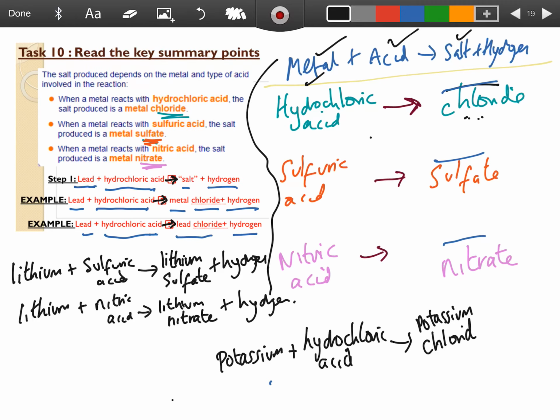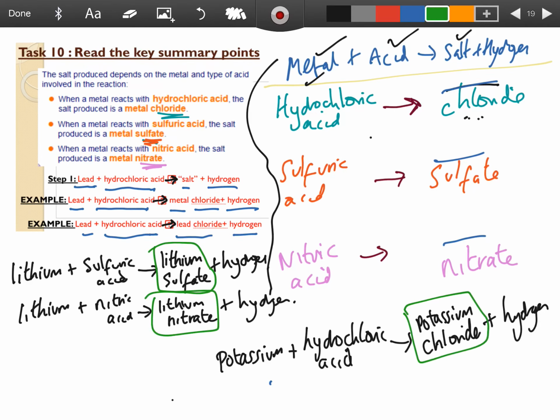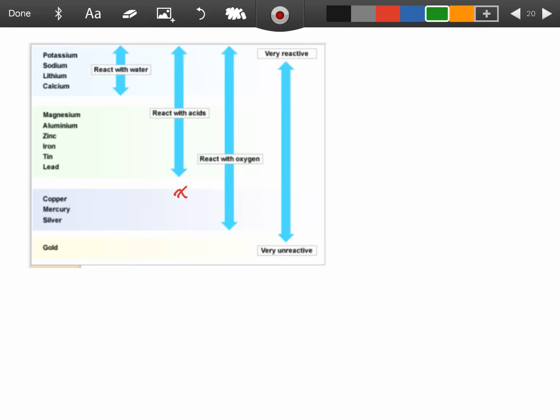Then I put the name of the end of the salt and hydrogen. And what you've done is you have named the salt. So, to use this equation, you have to put the name of the metal in, the name of the acid, you have to figure out the name of the salt, and then the end is hydrogen.